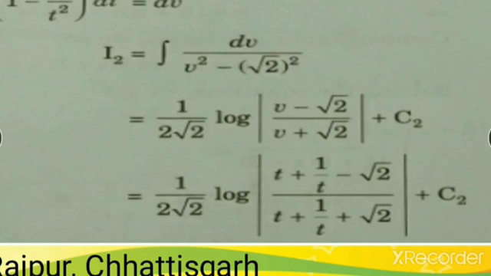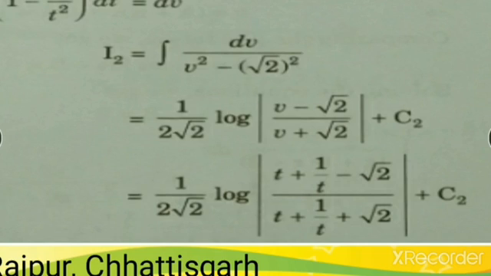We know formula integration dx upon x square minus a square is equal to 1 upon 2a log mod x minus a upon x plus a.